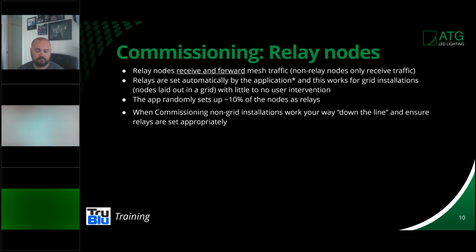Now, what happens with the system is it automatically sets up 10% of the nodes as relays by itself. And typically, especially in a dense application, you'll never have to hit that relay button at all. It will work just fine. The system will communicate. All the nodes have been set up properly. You don't have to do a thing.